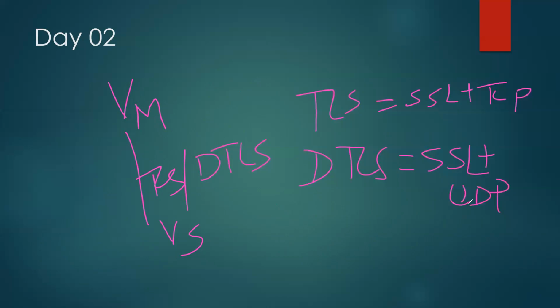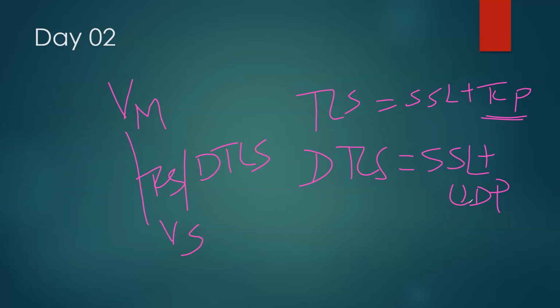UDP seems unreliable, but it is fast compared to TCP because it works like a broadcast type of technology. Whether or not you receive the acknowledgement, you still send the packets. That is not the case with TCP. It's a reliable communication because you receive acknowledgements and send packets in sequence.